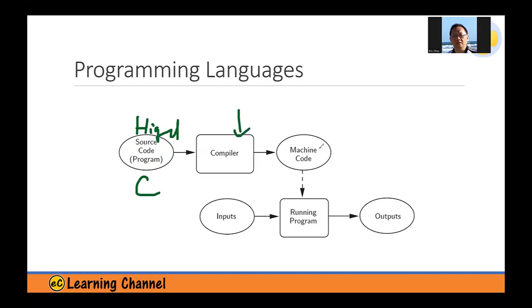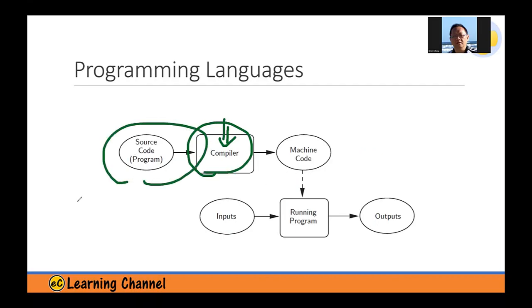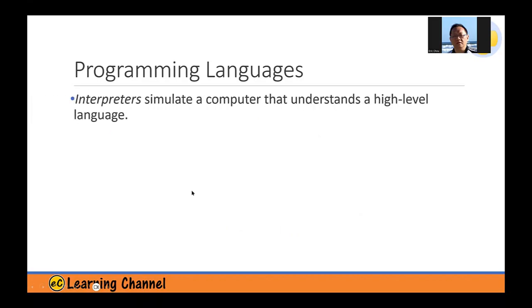You compile it to some machine code. So you have 10110, those kinds of machine code. And you have some input data and the machine code runs and you get output. Okay, so this is how it works, but it goes through a compiler. Compiler compiles the whole program into the machine code. Okay, that's one way to do it.